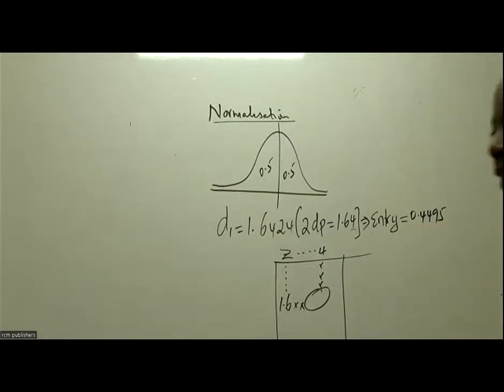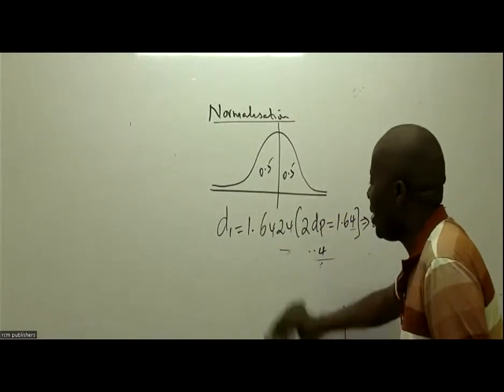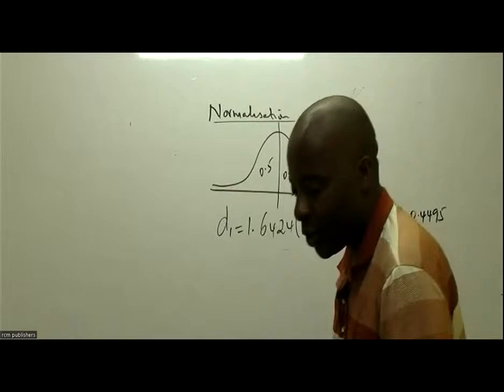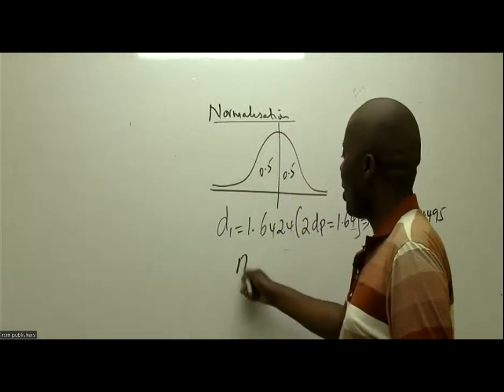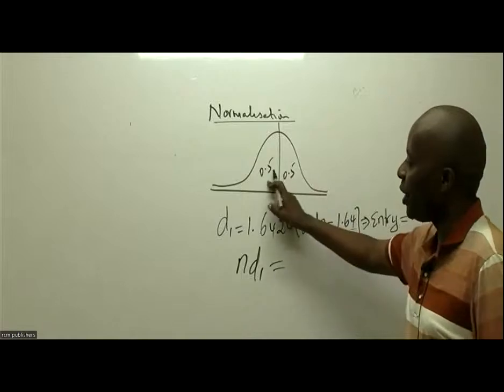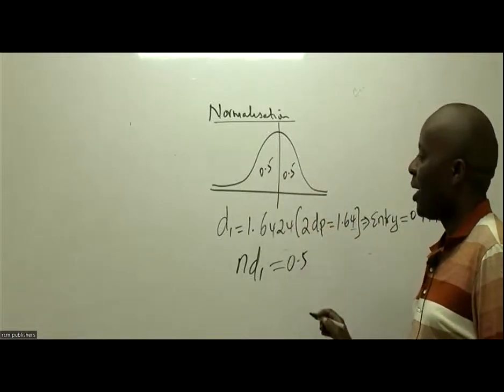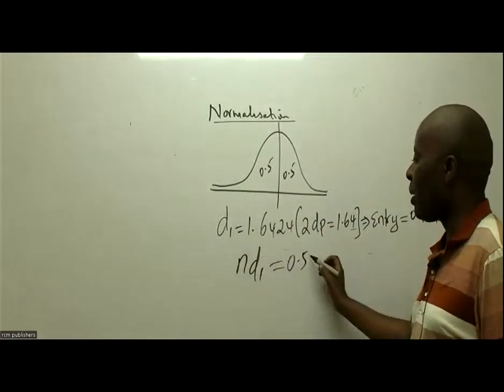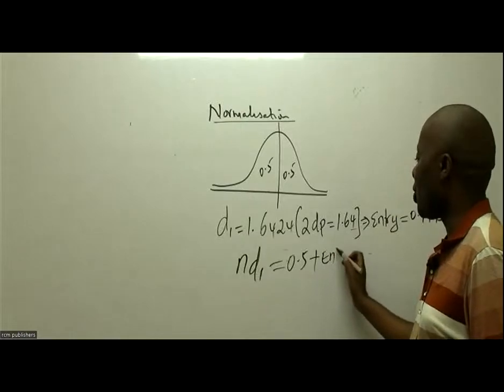44.95. Now, after I get this D1, the next thing will be to get what we call ND1. So how do we get ND1? To get ND1, ladies and gentlemen, I will always start with 0.5. Because D1 is positive, it is 0.5 plus the entry.